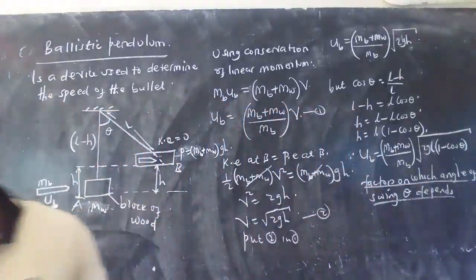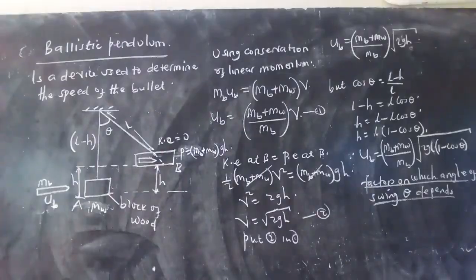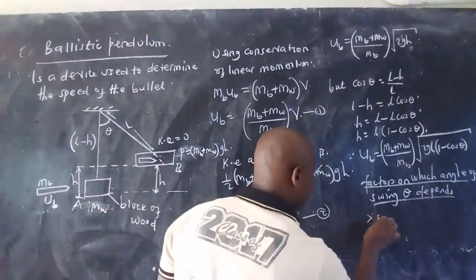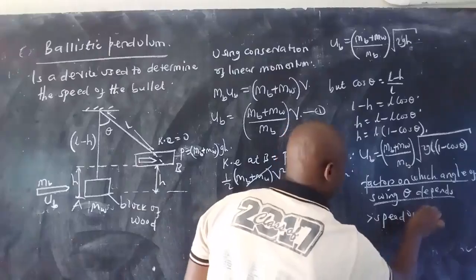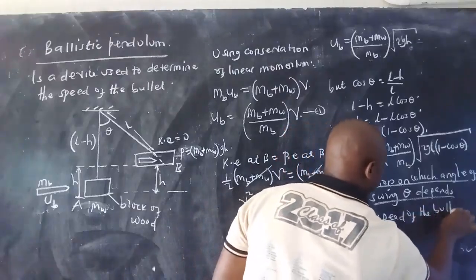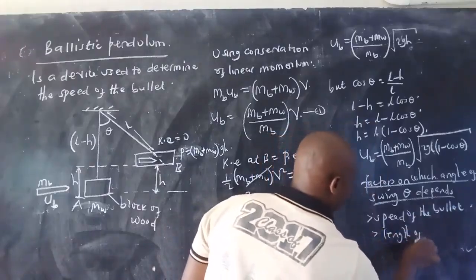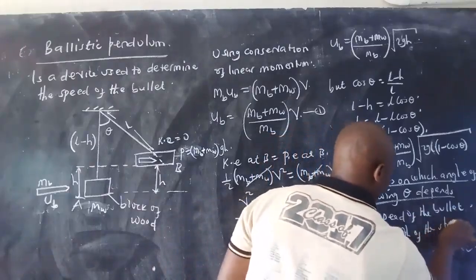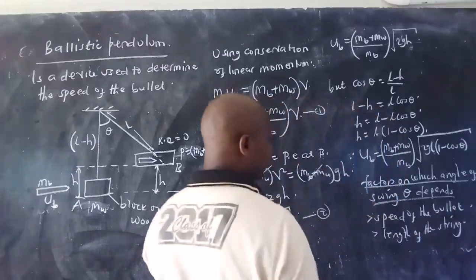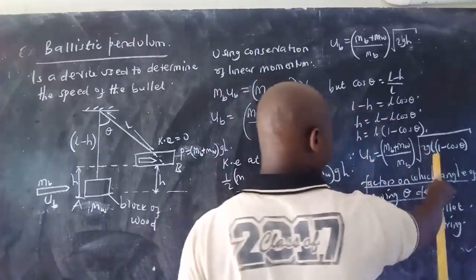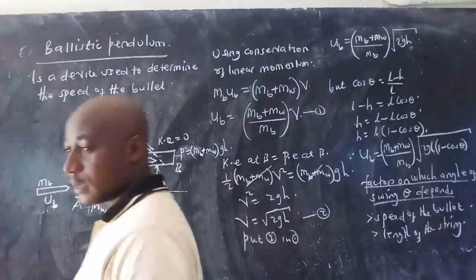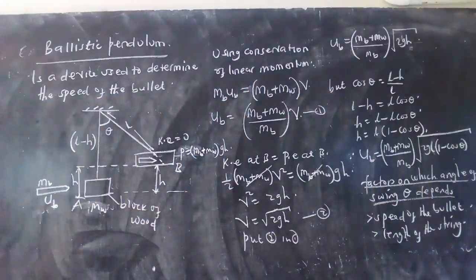Speed of the bullet and length of the string. As you can see here, speed of the bullet and length of the string. The rest are constants. The angle of the string can be obtained.